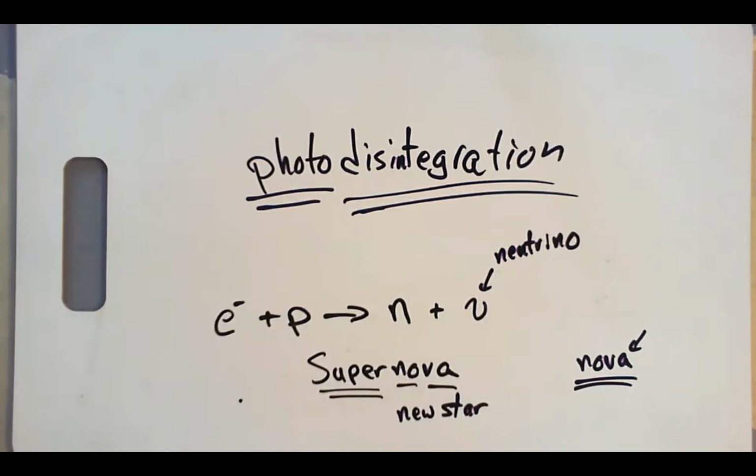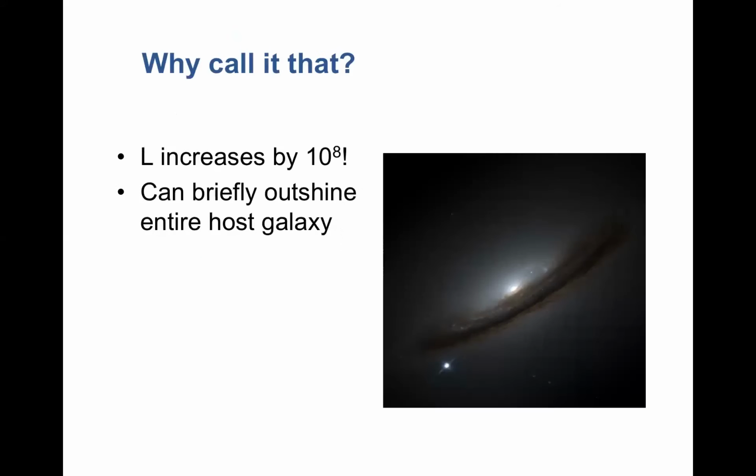So why do we call it a supernova? Let's go back to our slides. We're almost done with this video. There we go. Why do we call it a supernova? Well, here it is, a picture of a supernova. Well, no, not this thing. This is a galaxy. This bright thing in the lower left-hand corner is a supernova that's gone off in this galaxy.